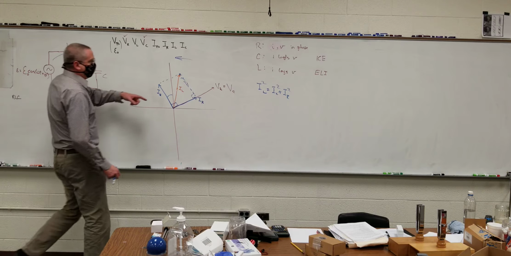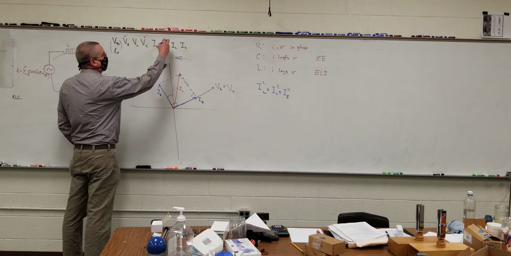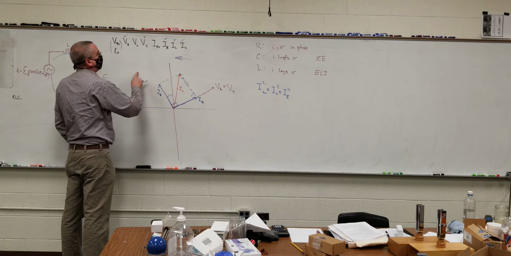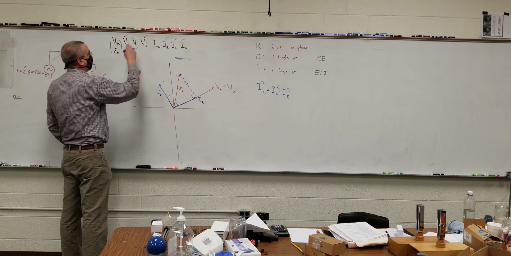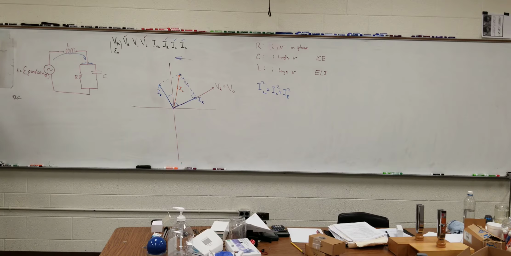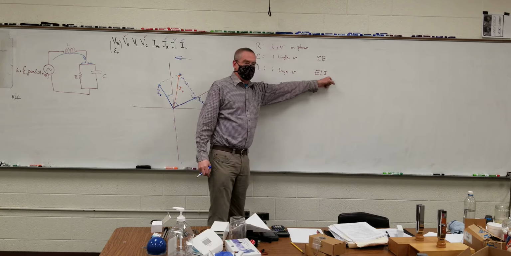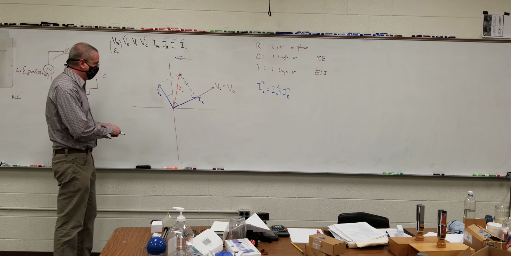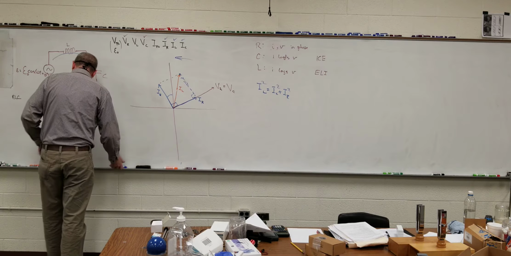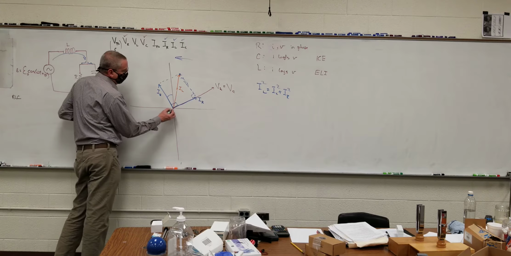All right, so at this point, I've got 1, 2, 3, 4, 5 of my phasors down. So I've got the three component currents, not the power supply yet, and I have those two voltages. Now for VL, I have one more relationship I need to exploit, which is the fact that the voltage leads the current. Well, there's my current, and voltage is going to lead that by a 90-degree angle.